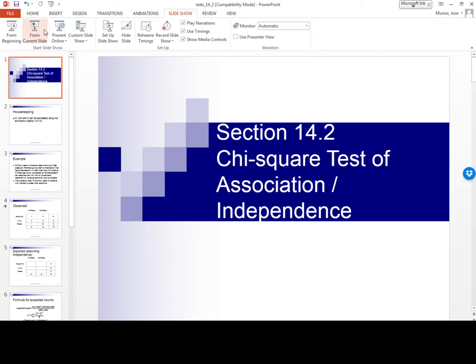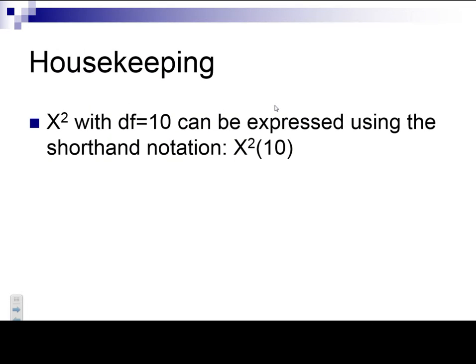Just real quick, before, we used to describe a normal distribution as N of mu, comma sigma, centered at mu with standard deviation sigma. When we talked about the binomial distribution, we would have B with n comma p.